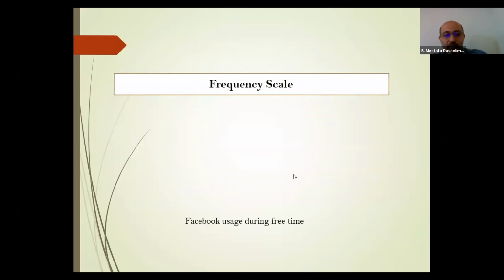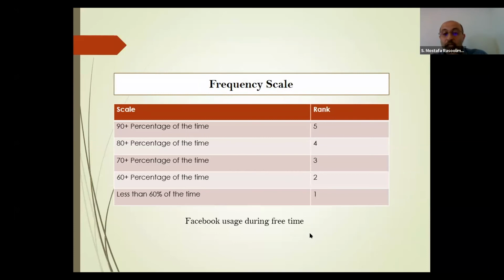For example, the frequency scale. You want to measure Facebook usage during free time, right? So your question is about Facebook usage in free time. You cannot use an agreement scale, disagree or agree. A frequency scale should be suitable for this: less than 60%, based on your study and your context, 60% plus, 70% plus, 80% or 90% plus.